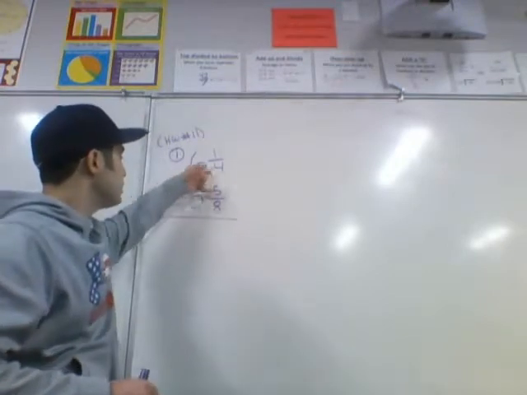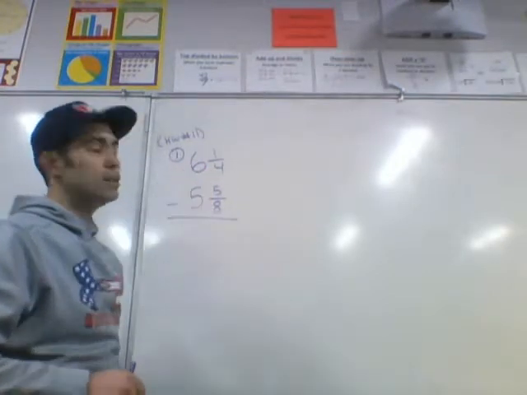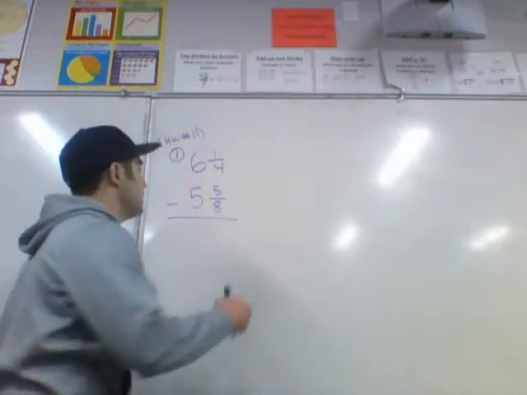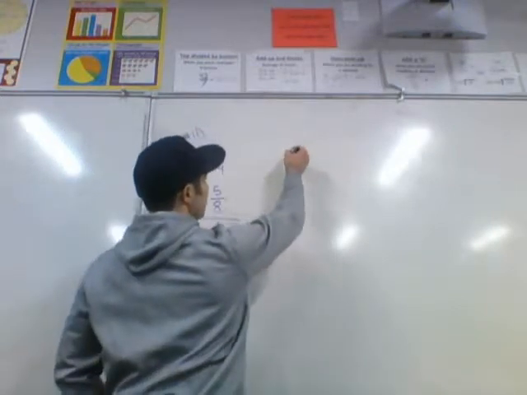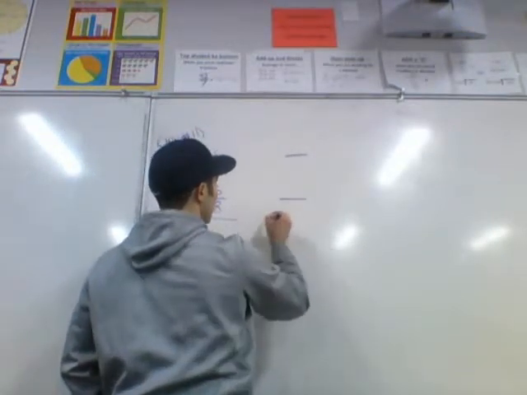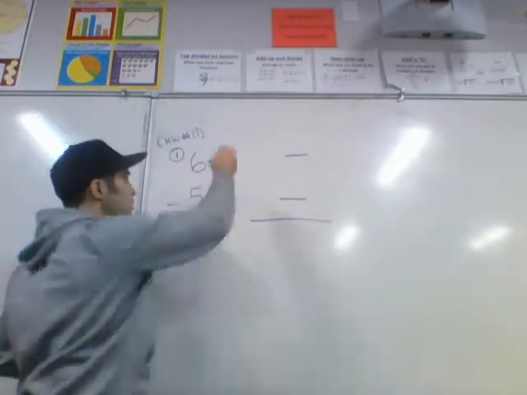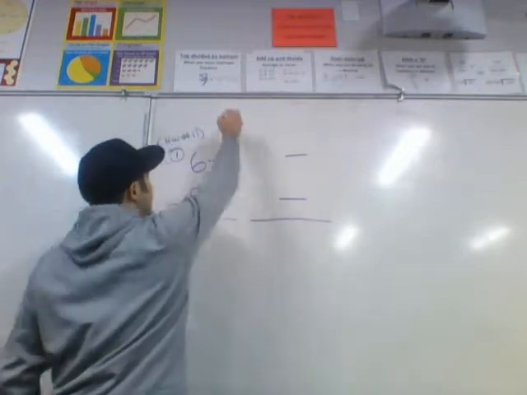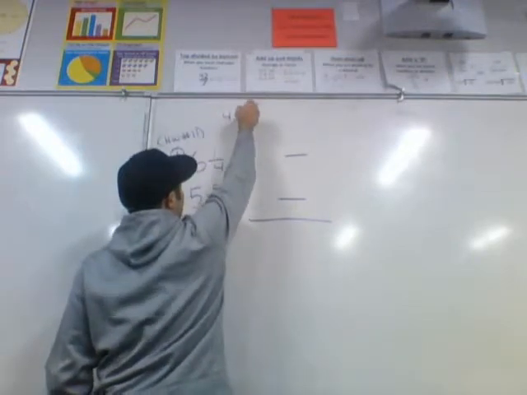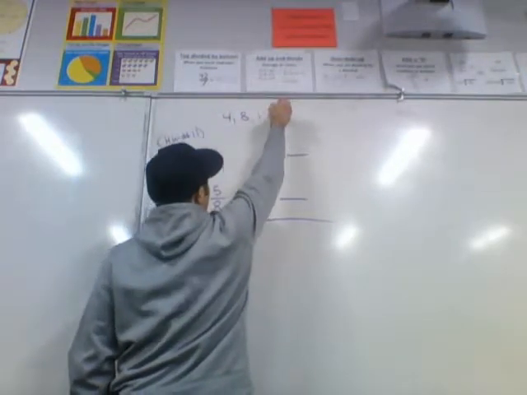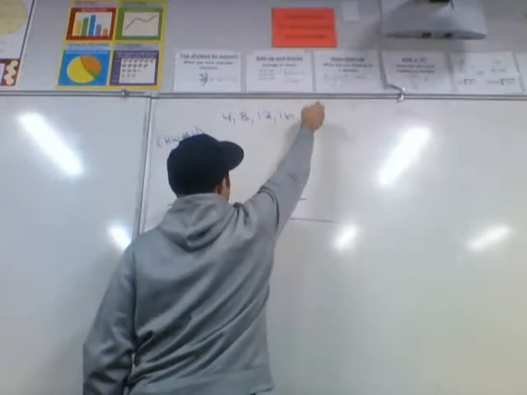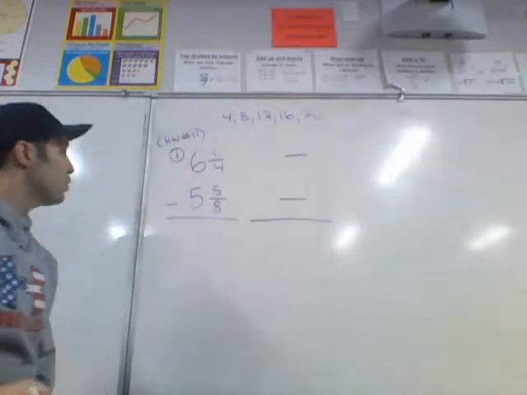Alright, so the first thing you know is that 4 and 8 are not common denominators. So we're going to have to do this thing over here. Fraction bar, whole line. Okay? To find the common denominator, you find the least common multiple. So let's do our multiples. 4, 8, 12, 16, 20, so on and so forth.